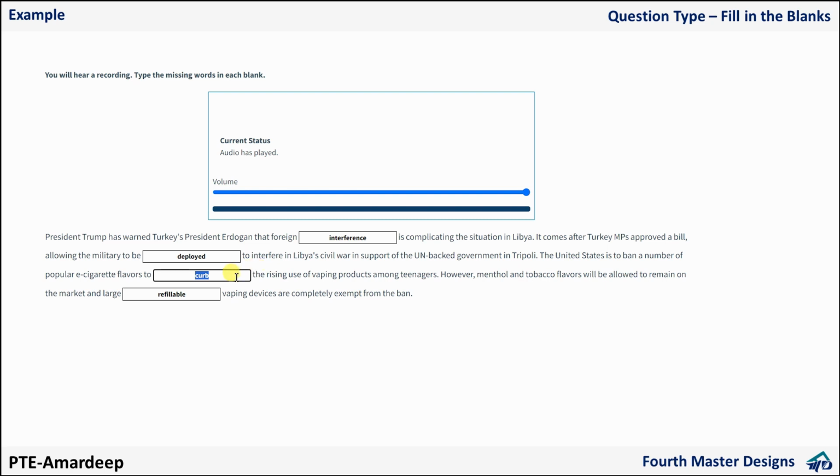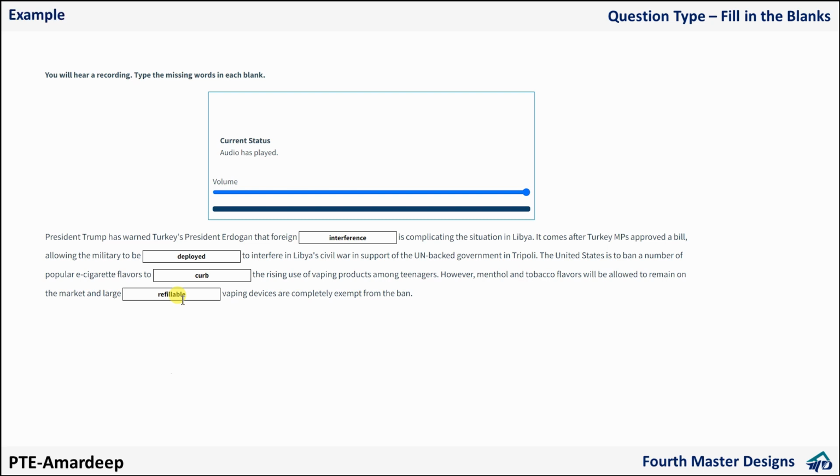First listen carefully, and then, guys, you have large and market and large refillable. So here, are you sure it is double L or single L? If you make a mistake today, that's all. Make a note of that mistake and refer to it again. Don't make spelling mistakes. Don't think I'll go through all the spellings and then I will start correcting. It has never worked for any student and it will not work.